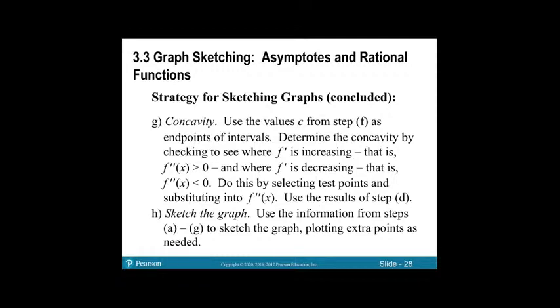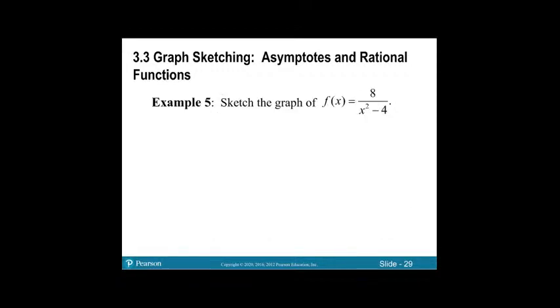Now we're asked to sketch the graph of this. So I'm going to give myself some space. Okay, let's go to paper. I usually like to write on graph paper. I'm going to get a copy of this, and drop it right there.